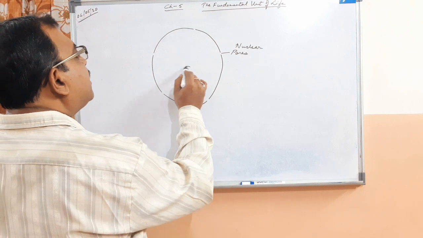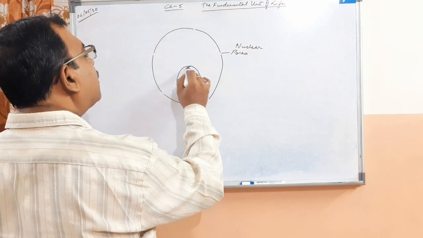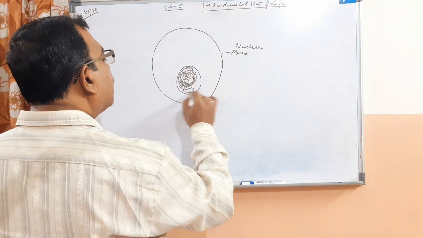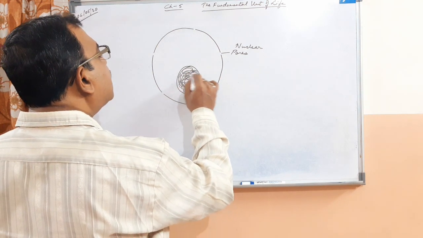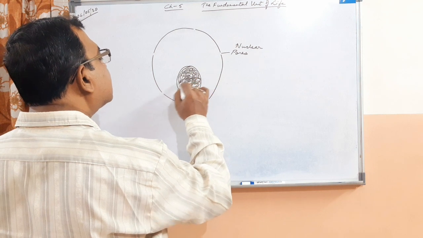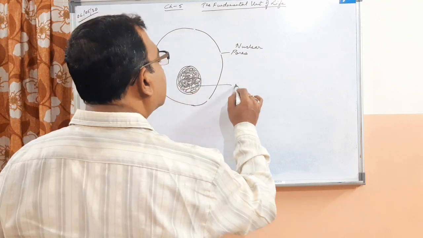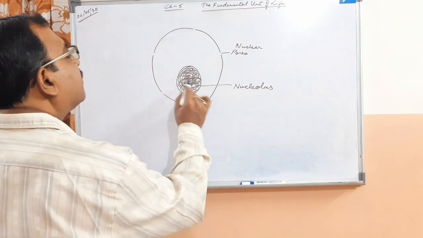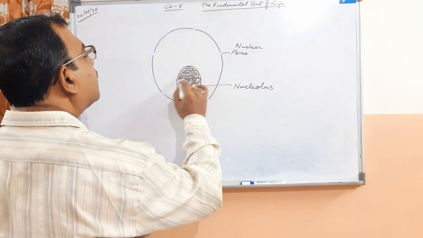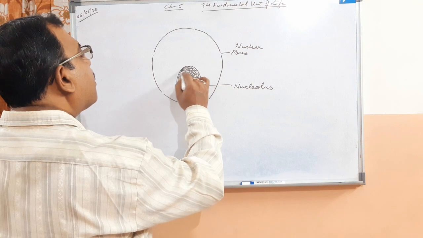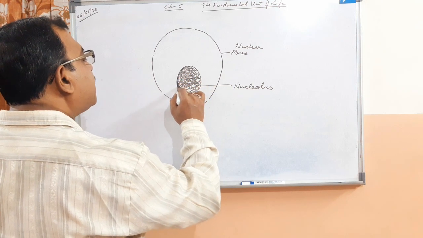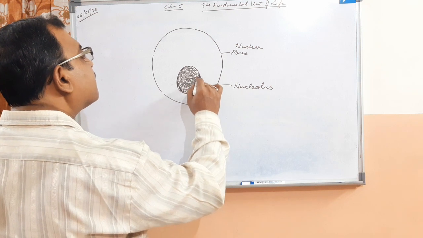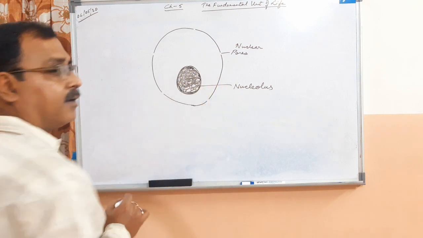Now inside the nucleus there is a rounded body which is called as the nucleolus. Right? A dark body inside the nucleus, this is called as the nucleolus.